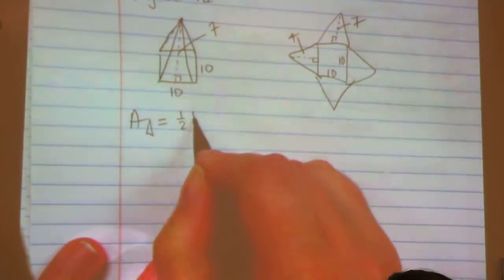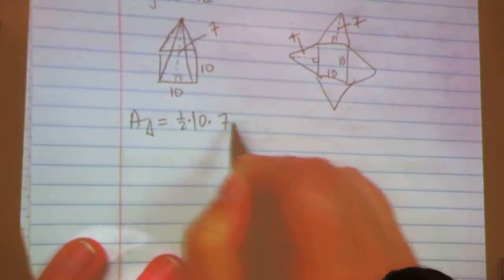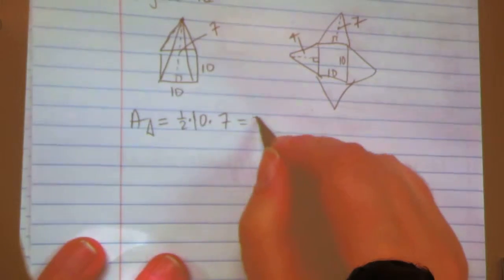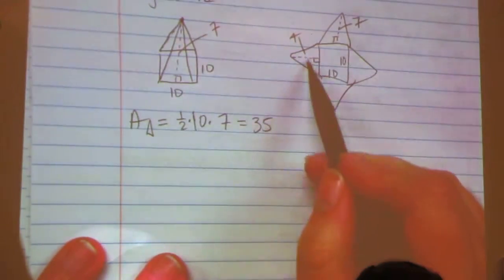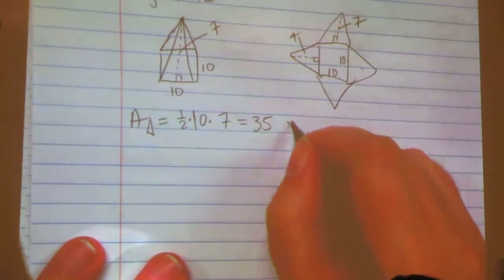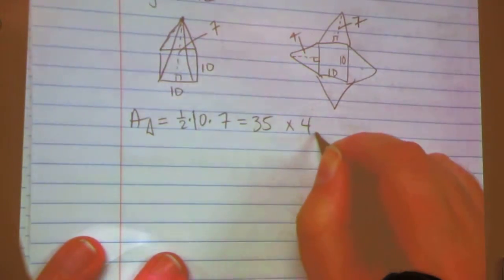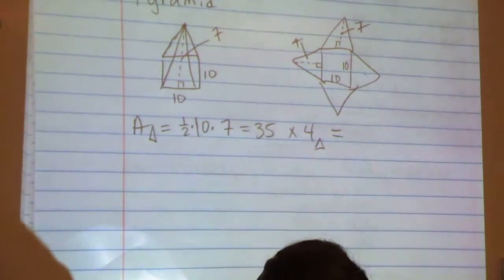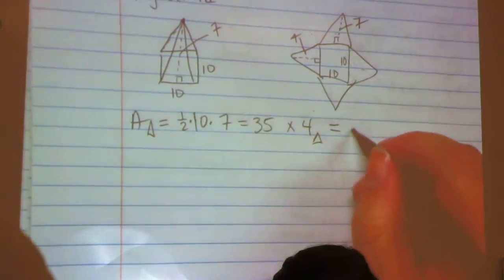Half the base, which is 10, times the height, which is 7. Well, 10 times 7 is 70. Half of 70 is 35. And how many do I have? 1, 2, 3, 4. So times 4 triangles gives me 140.